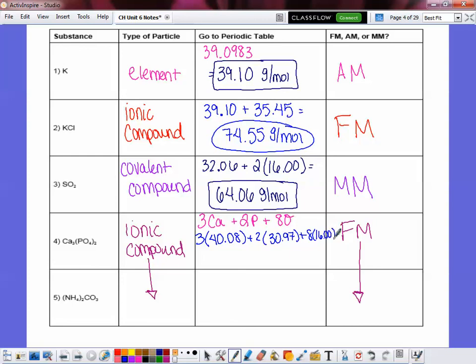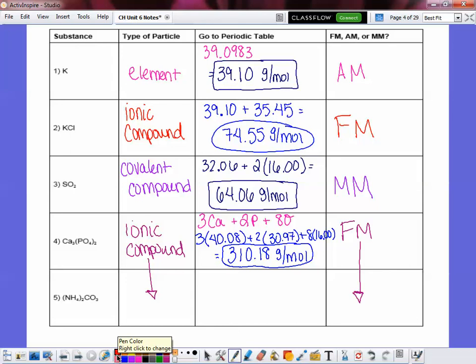All right, so when you add those all up, multiply and add, what do you get? 310.18? Okay. And what's our unit? Grams per mole. You use AMU when you're calculating average atomic mass, which we've already gone over back in Unit 2.